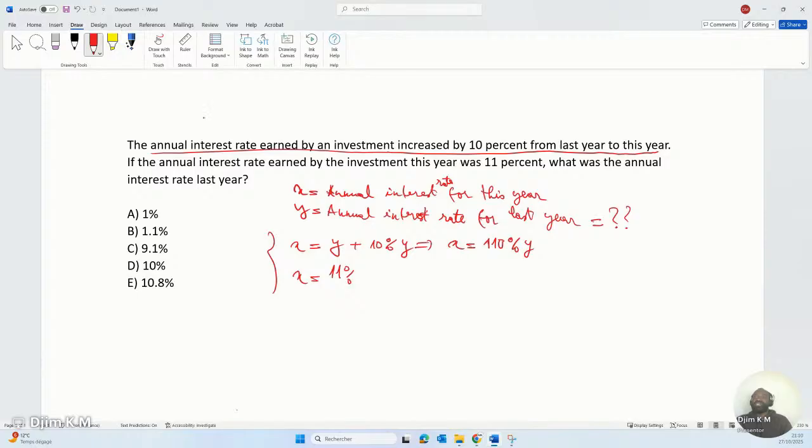So we can simply say here that 11% is equal to 110% of y. So simply 110 over 100 y equals 11 over 100.